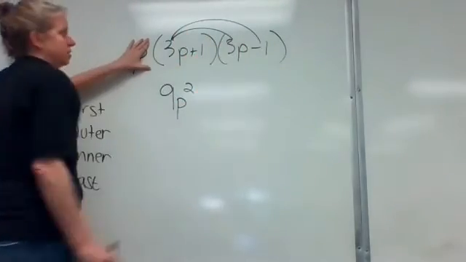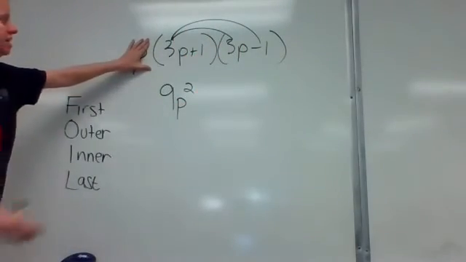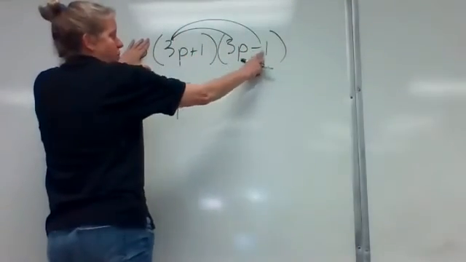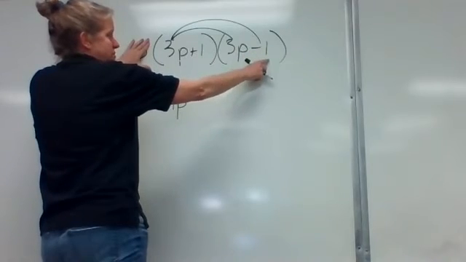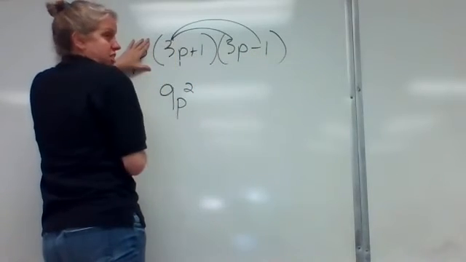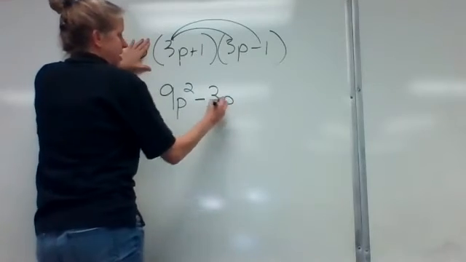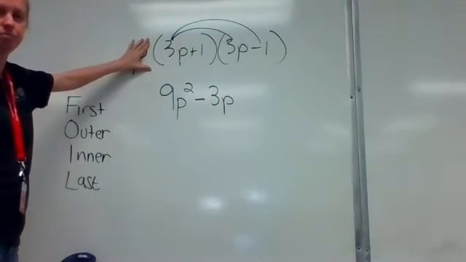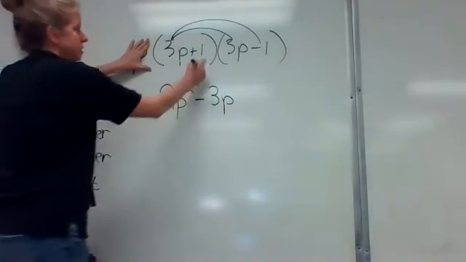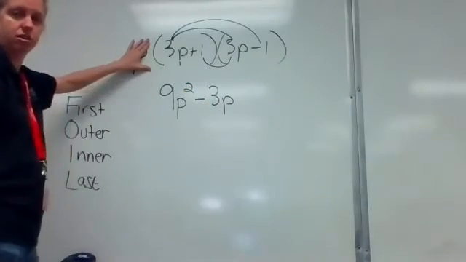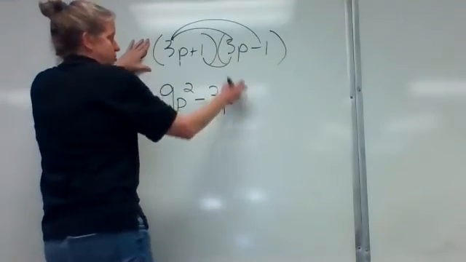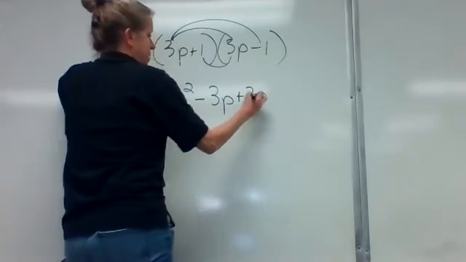My outer, 3P times negative 1. So when you multiply something times negative 1, it just changes the sign, right? So 3P times negative 1 just makes it negative 3P. My inner, positive 1 times 3P is just positive 3P.